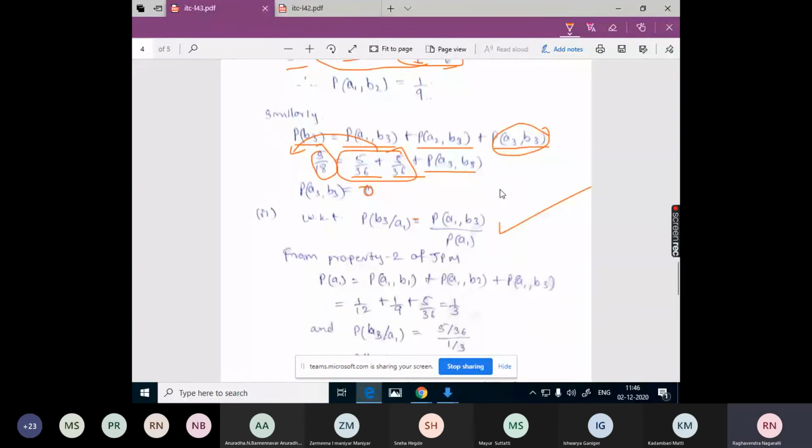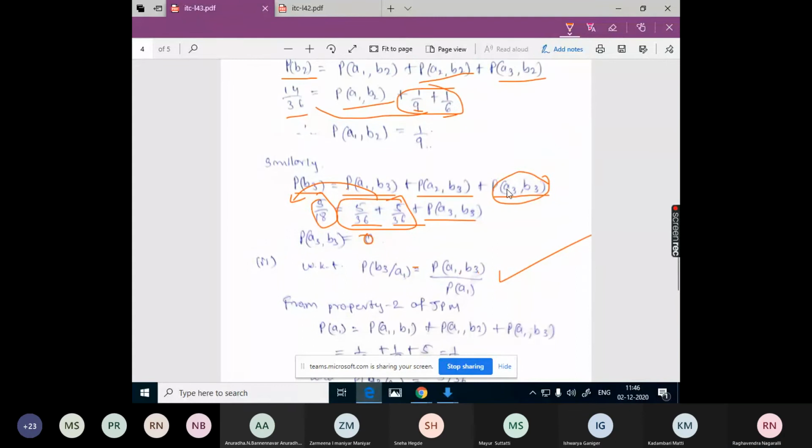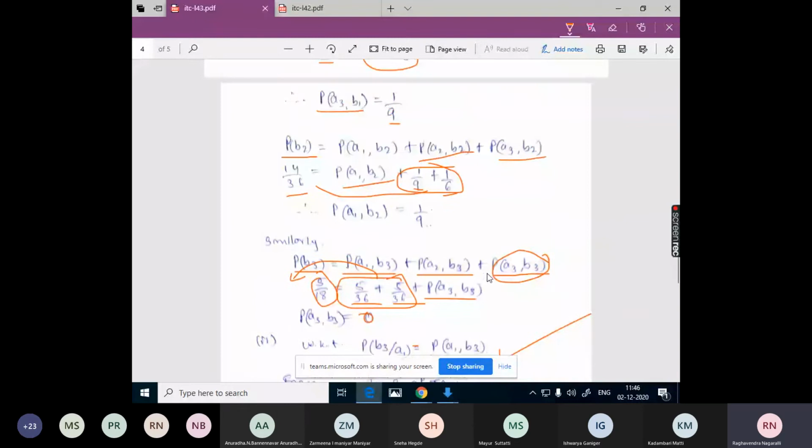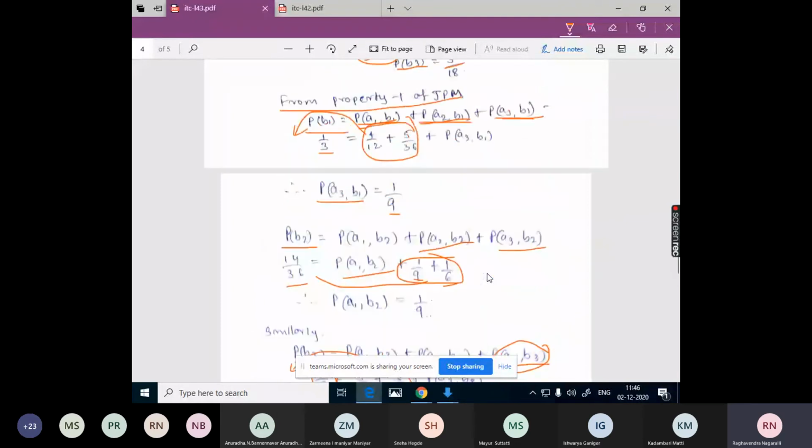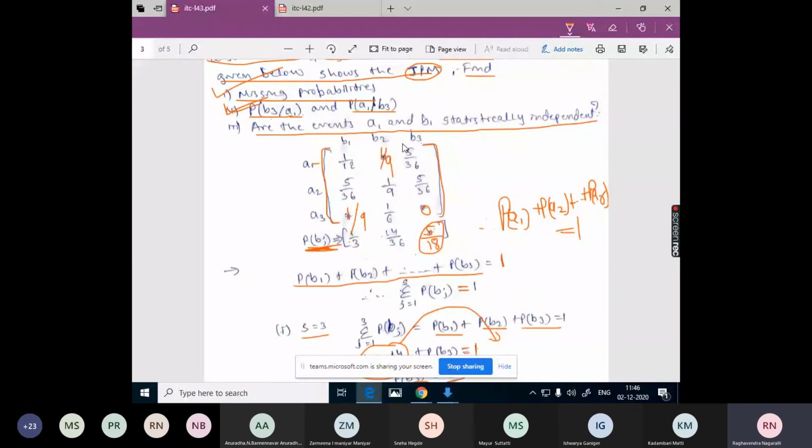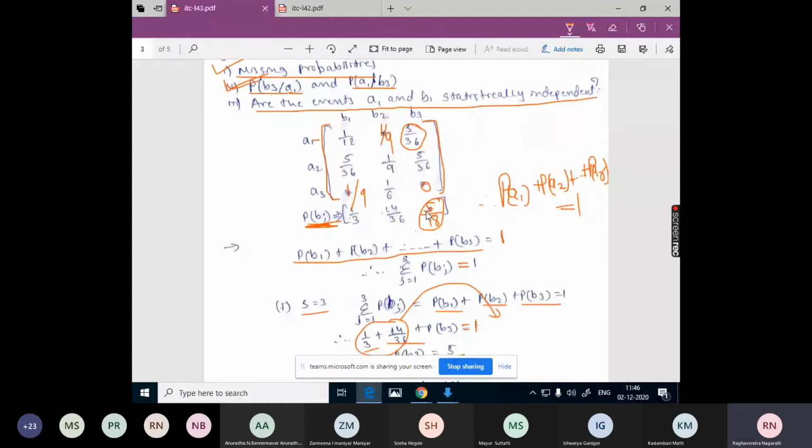That will be helpful for module number 3. We know P of A1 comma B3, the joint probability, which is given in this JPM. Next, P of A1.